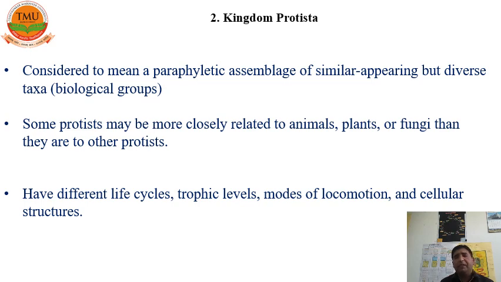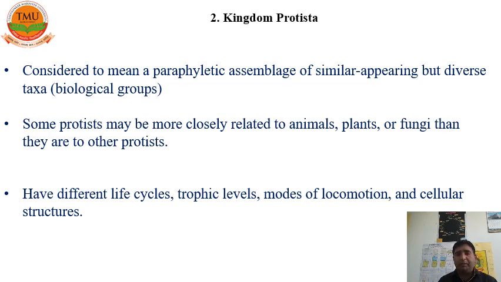It means these protists are not well related to each other. Sometimes they are more related to other types of living beings like animals, plants, fungi, than they are to other protists. Therefore, it is called a heterogeneous assemblage.